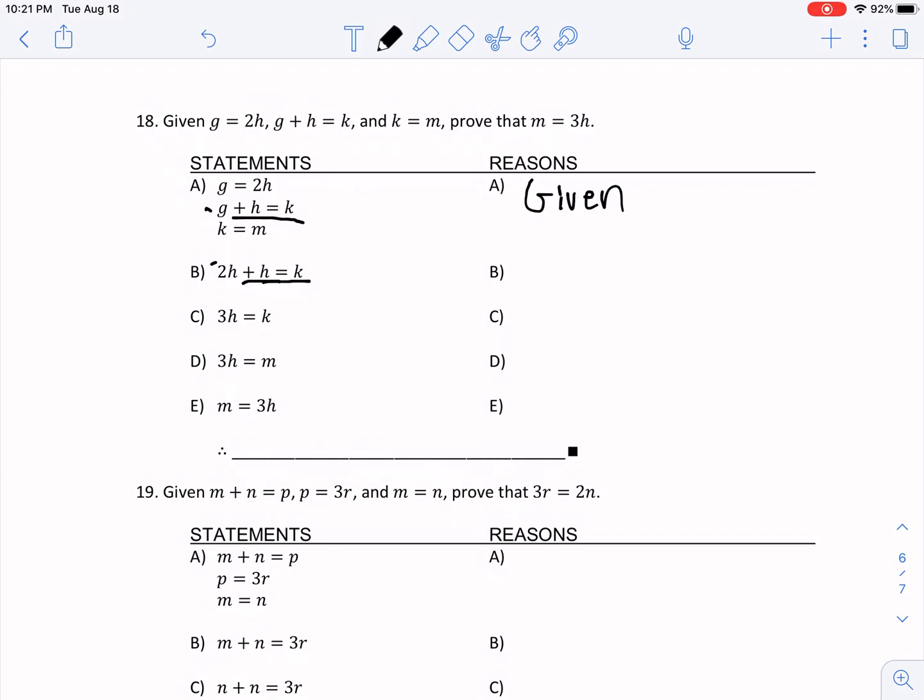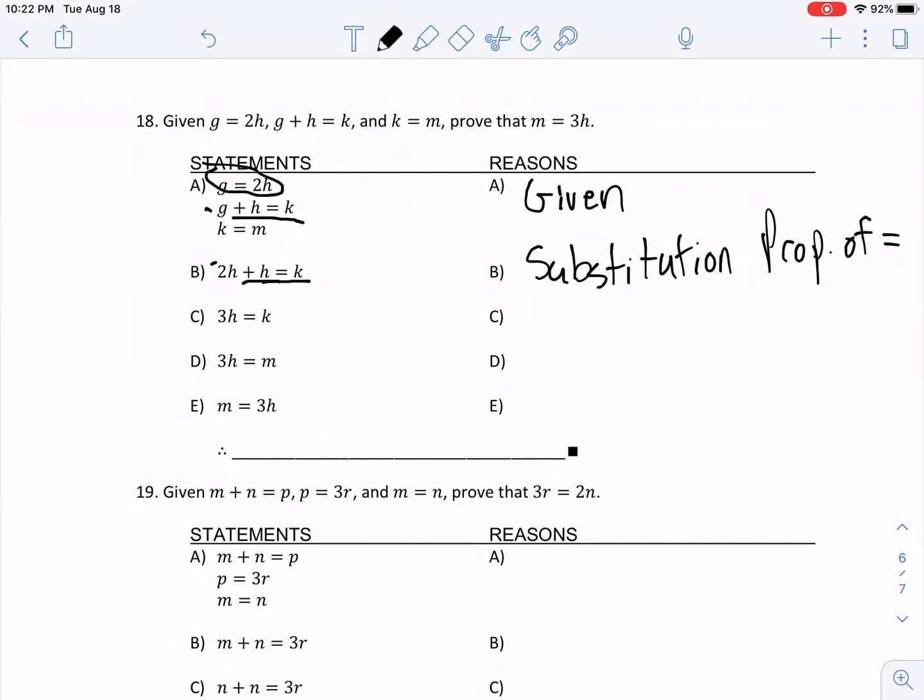Well, what's happening? Well, notice, what does the first statement say? It says G is equal to 2H, right? Well, by the substitution property of equality, and I should actually write this out to not confuse it with subtraction, substitution, there we go, property of equality, okay, says that I can substitute one equal thing for another equal thing.